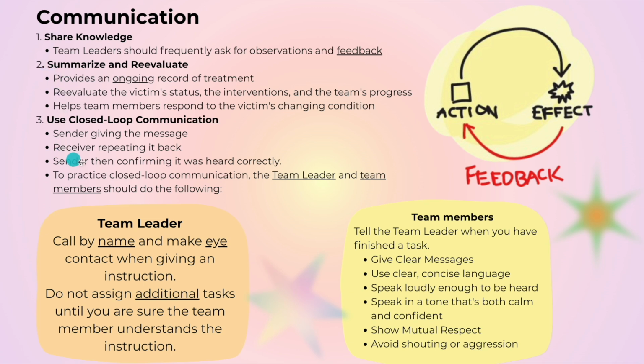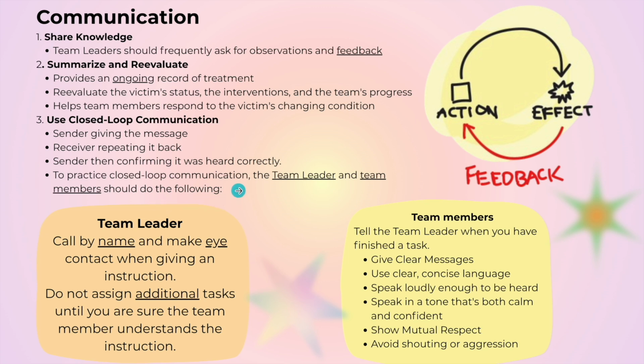Third, use closed-loop communication. This is an important technique used to prevent misunderstanding and treatment errors. It consists of the sender giving the message, the receiver repeating it back, and the sender then confirming it was heard correctly. To practice closed-loop communication, the team leader and team members should do the following.